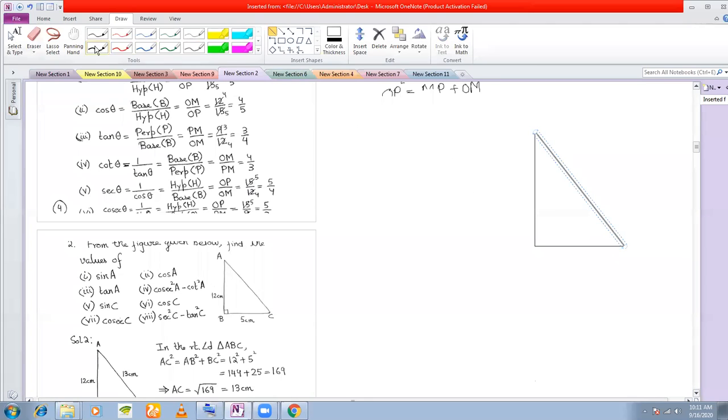So here you have A, B, C, where the right angle is at B. The length of AB is given as 12 centimeter. The length of BC is given as 5 centimeter. And you have to calculate all the ratios.